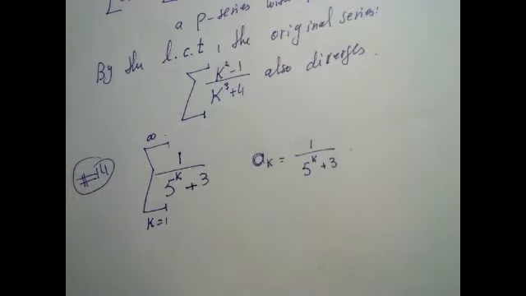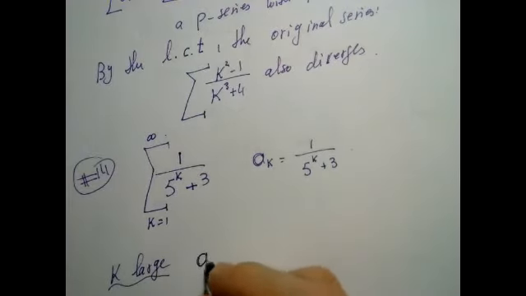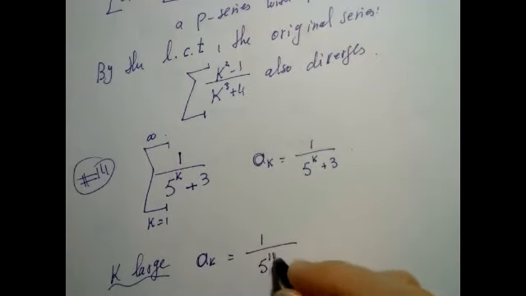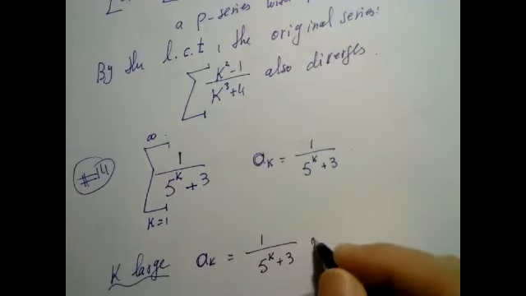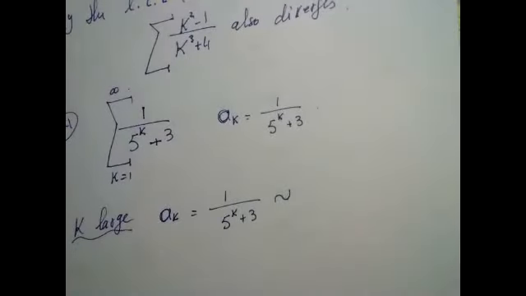All right. So when K is large, meaning when K takes a very large value, the term of my series behaves like what? What shall I compare it with?